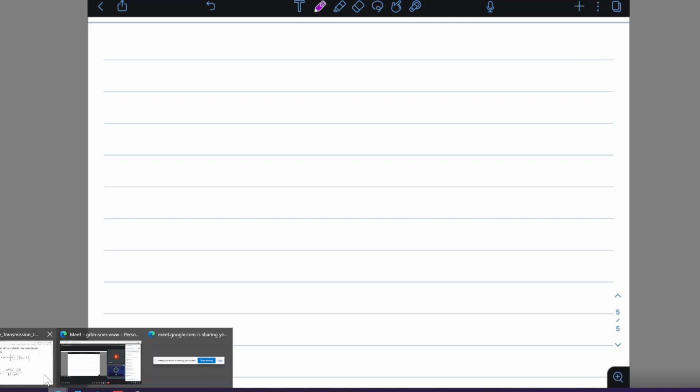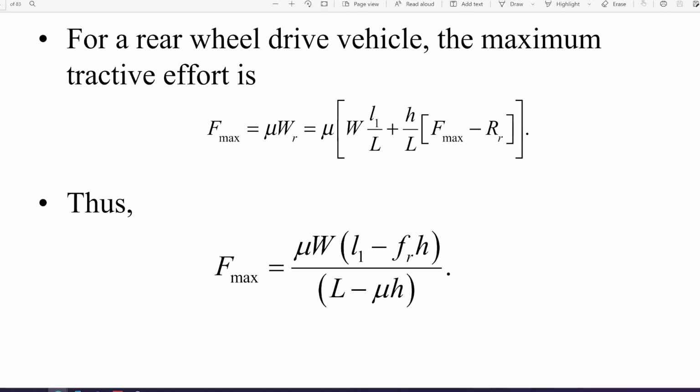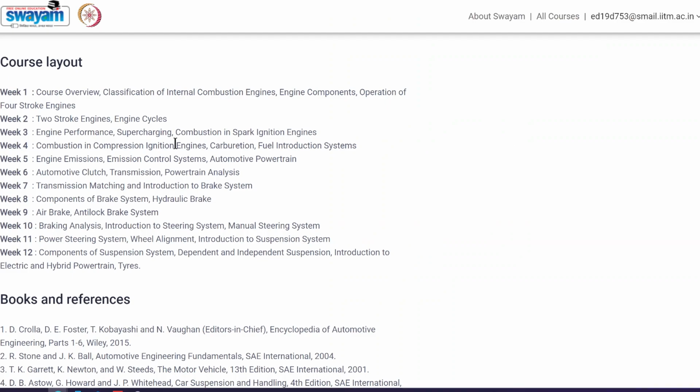So, till what point have things been discussed? Is the gearbox portion discussed in the class in week 7, wherever you are?